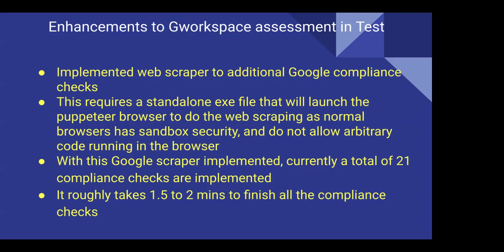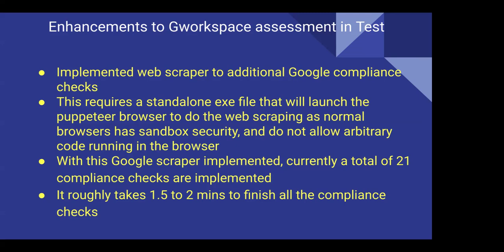What it requires is a standalone exe file that will launch a Puppeteer browser to do the web scraping. So this is again a prerequisite that has to be complied with, wherein an EXE has to be installed on the machine of the client, and that will run and make all these compliance checks. Once the installation of the EXE is done, you can go to the Google Workspace assessment module and run a sync.